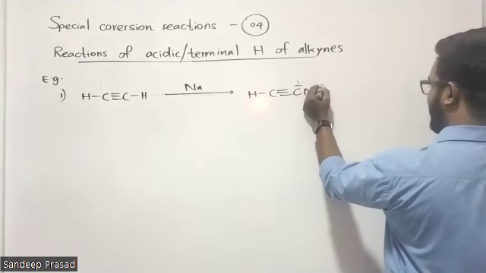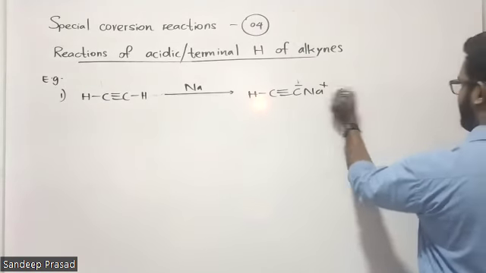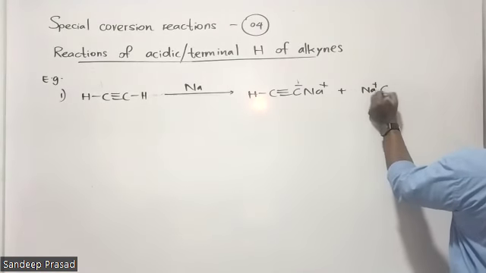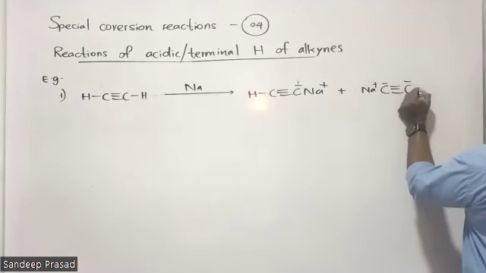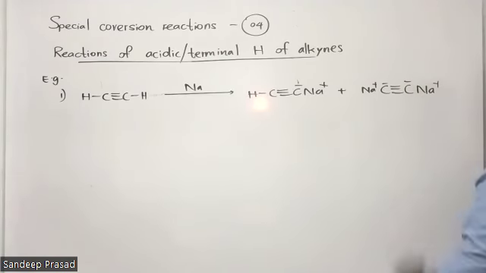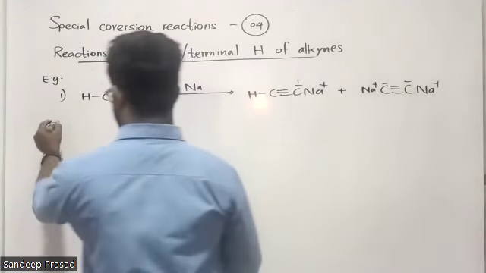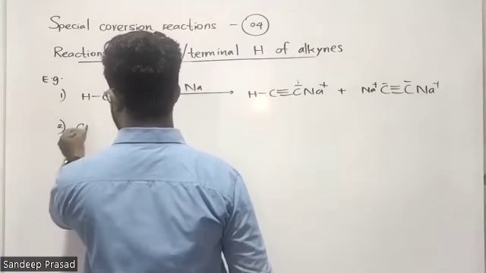So here, students, we can have both the products, like sodium plus connected to both sides. Okay, so both are possible, no? Because both of the hydrogen atoms are terminal acidic hydrogens.